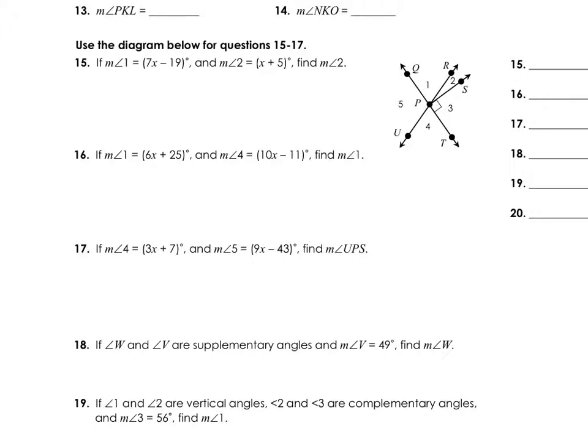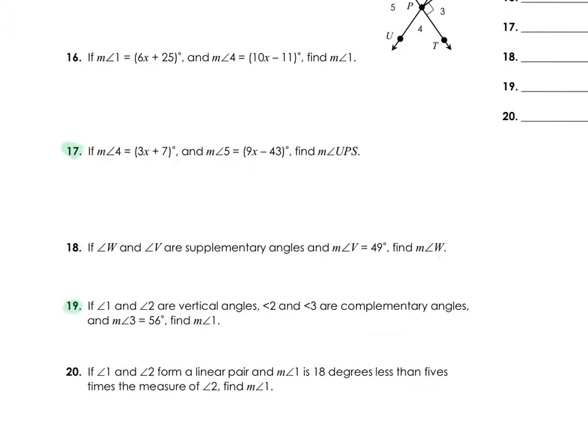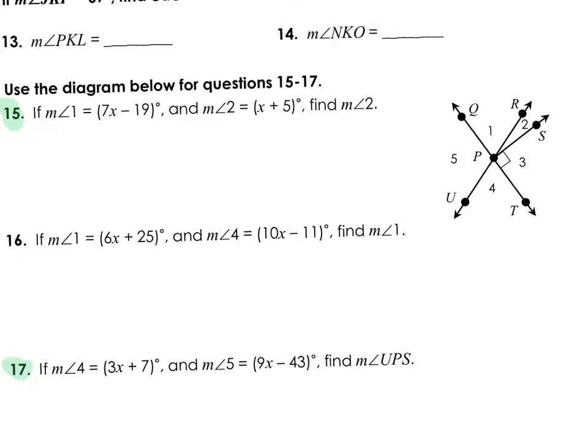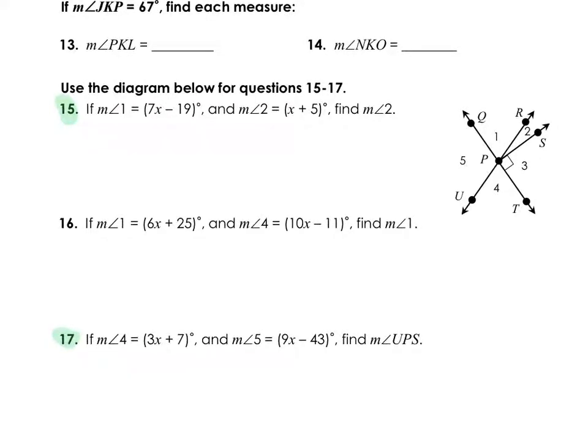Okay, just so you know here, we're just going to do 15, 17, and 19. Okay, we're just going to do those odd ones remaining left on the test. And we're going to use the picture, of course, to help us out. So the measure of angle 1 is 7x minus 19. This is 7x minus 19. And 2 is x plus 5. So he's x plus 5.